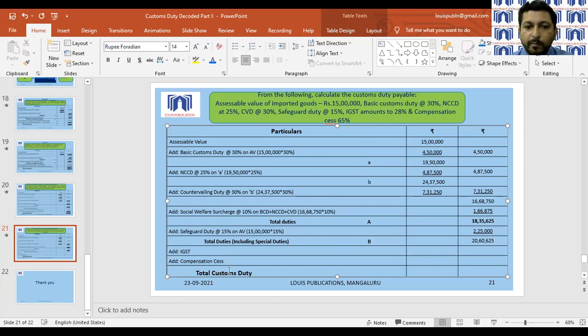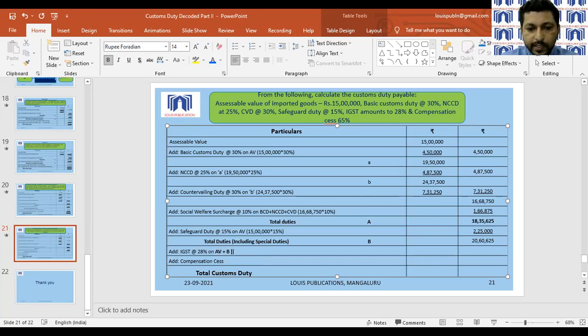Then there is IGST at 28%. So IGST at 28% on assessable value plus B value. So we will show the calculation here.